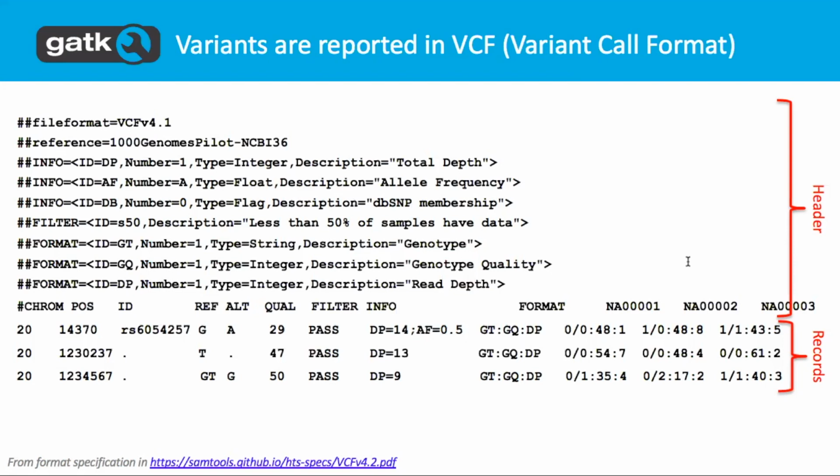Then there's the info column that has overall metrics on that variant, and then there are genotype fields for each particular sample you have, and the format of the genotype field is described in the format column. So if you want to know what this field in the genotype represents, you go to the format field that says DP, and you go to the header and you see that it represents read depth.